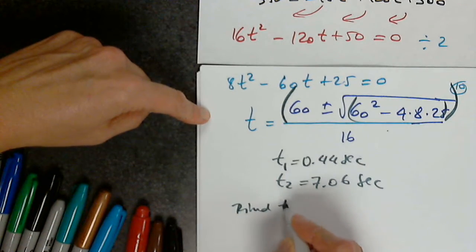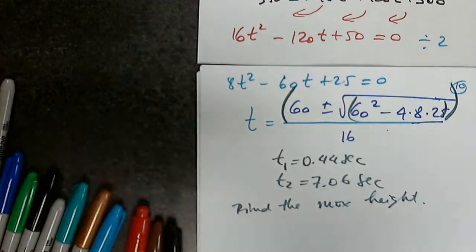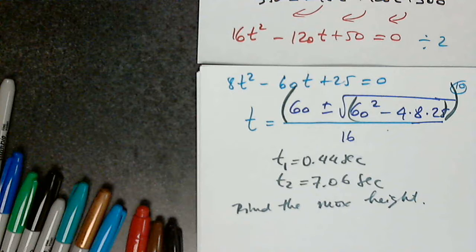Now, this is not in the book, but I would like to add a question here. Find the maximum height. So let's find the maximum height. Can anyone tell us how to find the maximum height? We have to find the vertex.